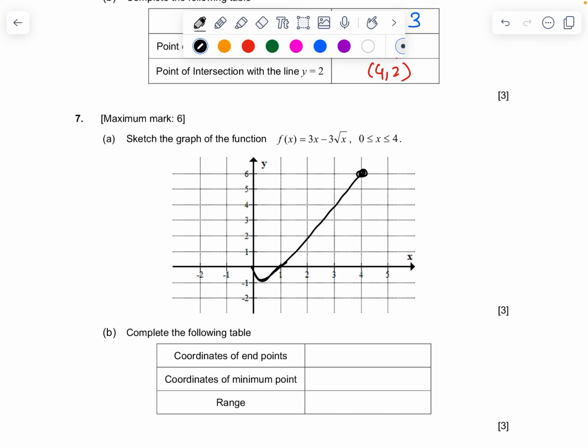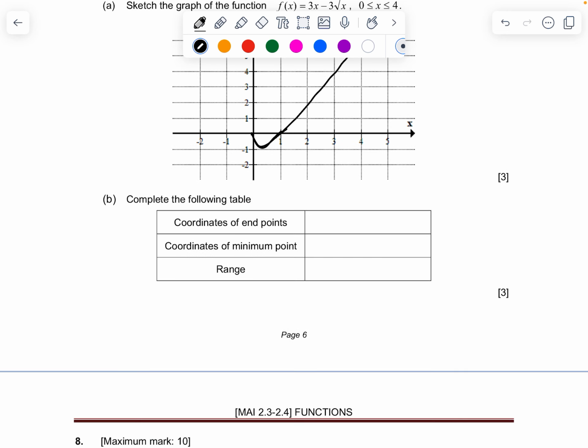This should be the point. Then the coordinates of the endpoint. So it is starting with (0, 0) and (4, 6).